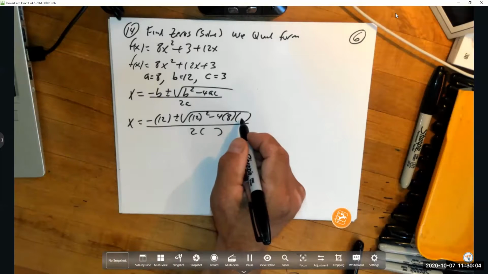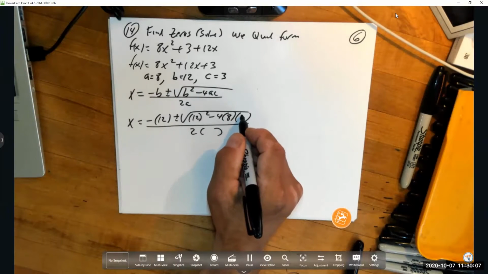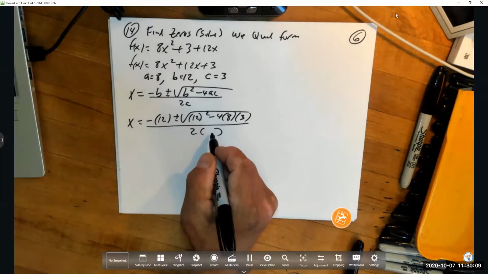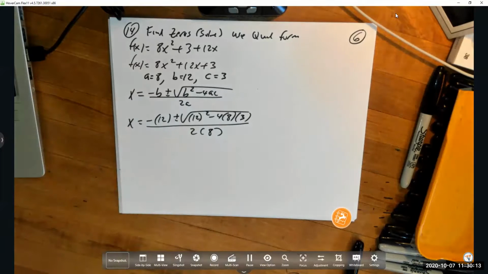What is letter C? 3. Wait, what is letter A? 8. Okay, all those three numbers in the right place? Yes. Right number, right place. Think of it like this: right medicine, right milligrams, right person, and the right time. Hopefully those things are all right, and then you get them.